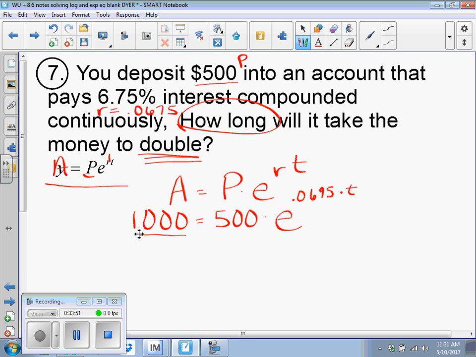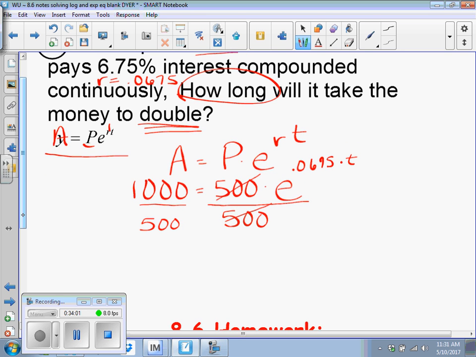What's the first step? Divide both sides by 500. So 2 equals e to the 0.0675t.